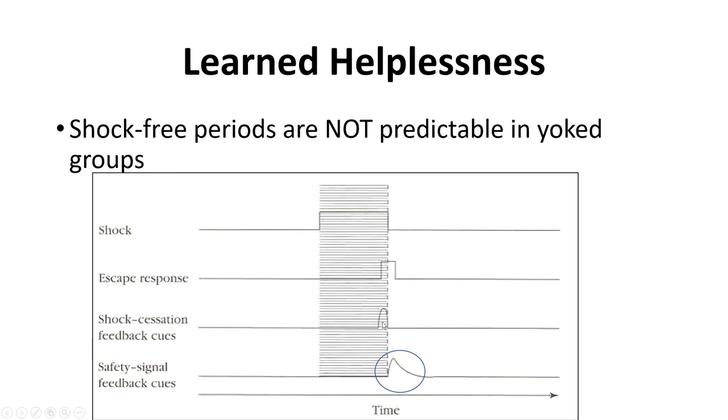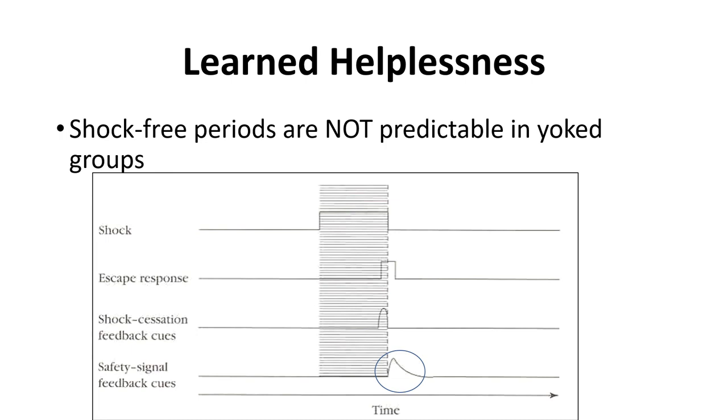And so we can have shock cessation feedback cues, basically what you're feeling as you are causing the end of the shock. And then, even more importantly, are these safety signal feedback cues. So this idea that the shock has now stopped and you're in that period where no shock is occurring.